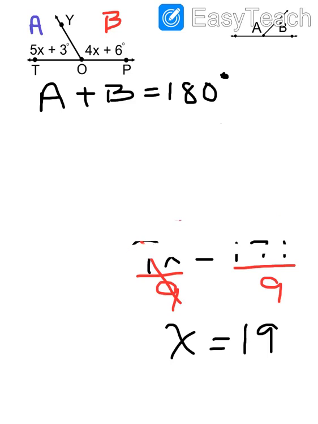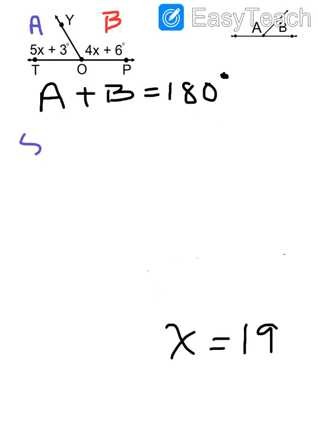I'm going to find angle TOY, which is angle A, and angle YOP, which is angle B. I'm going to keep it in the right color so that we don't get lost. So we have 5x plus 3, and we know that x is 19, so we write 19 where x is, and we copy everything else.